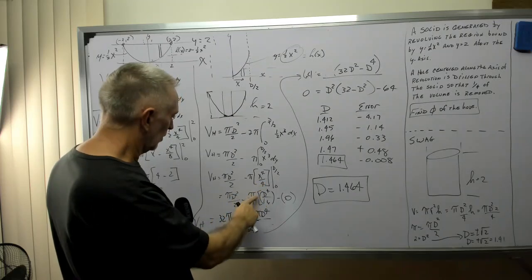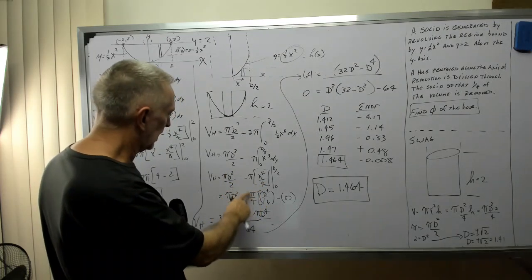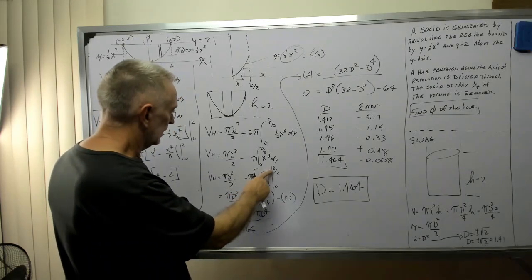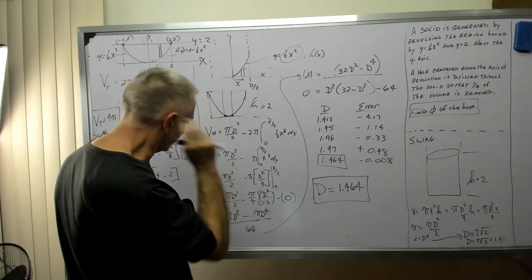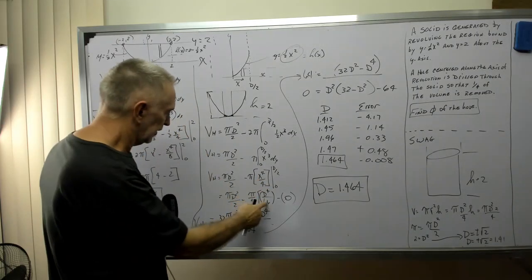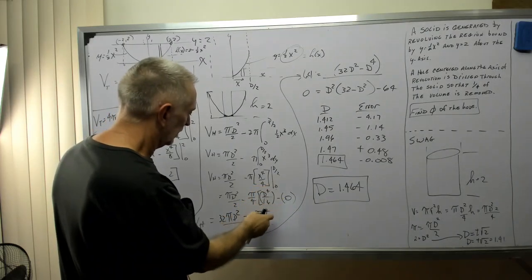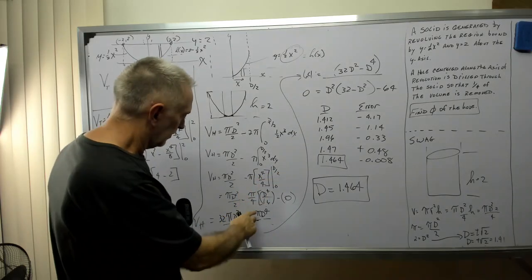Then if I keep going here, bring down the pi d squared over 2 minus pi over 4, just brought that 4 to the outside. d over 2 to the 4th power gives me d to the 4th over 16, times 16, and minus 0, since 0 to the 4th is 0.